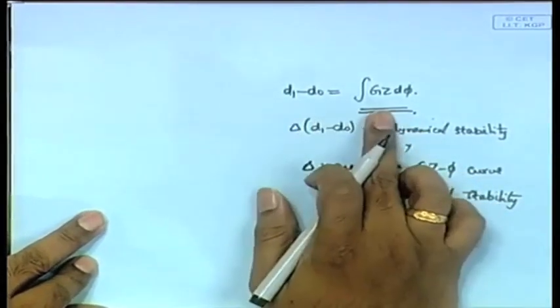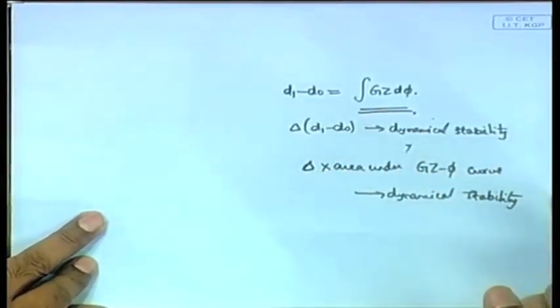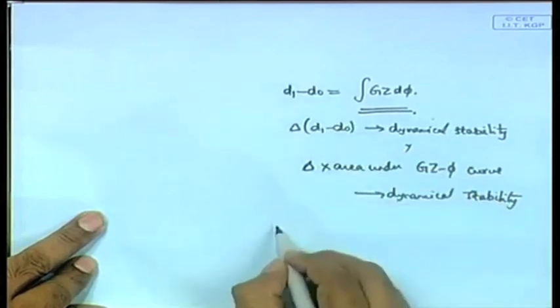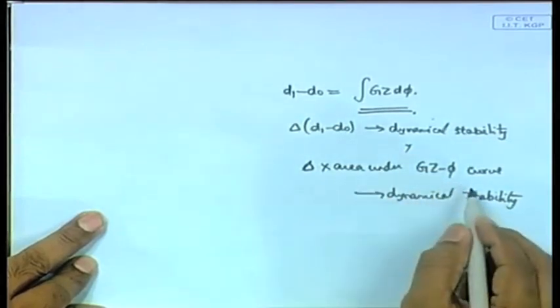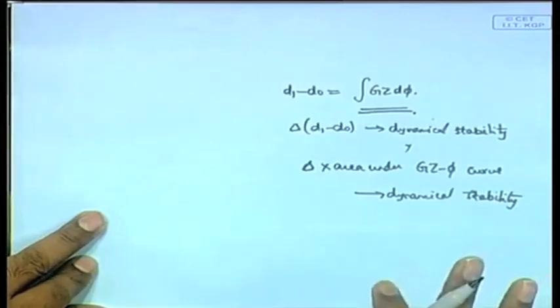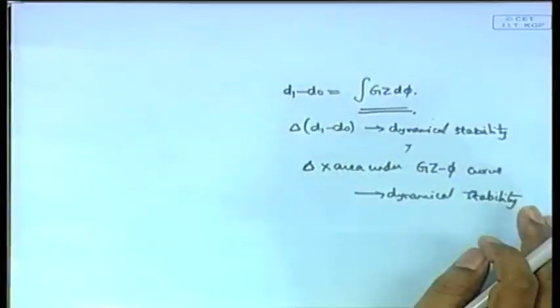Which implies that delta times (d1 minus d0), which is known as the dynamical stability, is delta times the area under the GZ curve. The area under the GZ curve is the dynamical stability arm, and delta times the area under the GZ curve is the dynamical stability, and that is known as the work done to heel the ship.